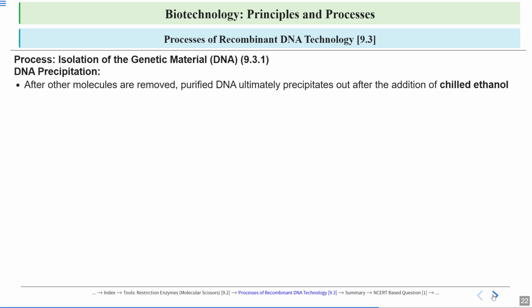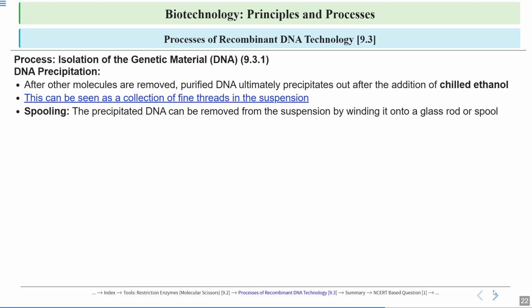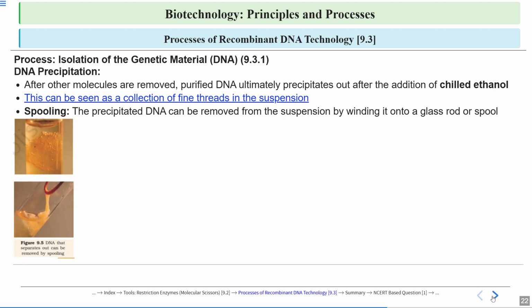This precipitated DNA we can see as a collection of fine threads, and these fine threads can be removed using the method called spooling, which you have seen in this picture. This precipitated DNA can be removed from the suspension by winding it, swirling it onto a glass rod or spool, which we have shown in this figure also.